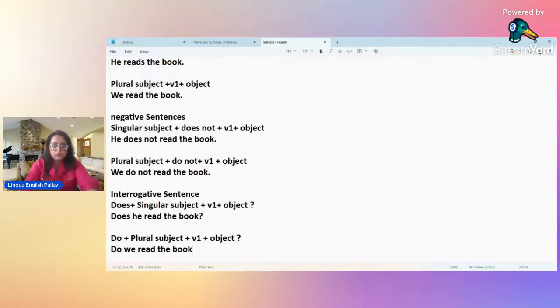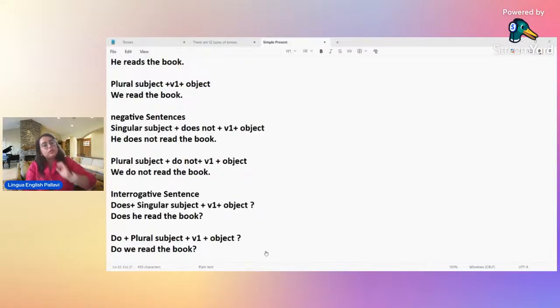And the question mark in the end. So do you understand how the rule goes? When it is a singular subject, something is one. When it is a plural subject, something is more than one. So singular subject means subject plus verb first form plus s or es plus object, and plural subject means plural subject plus verb first form plus object.